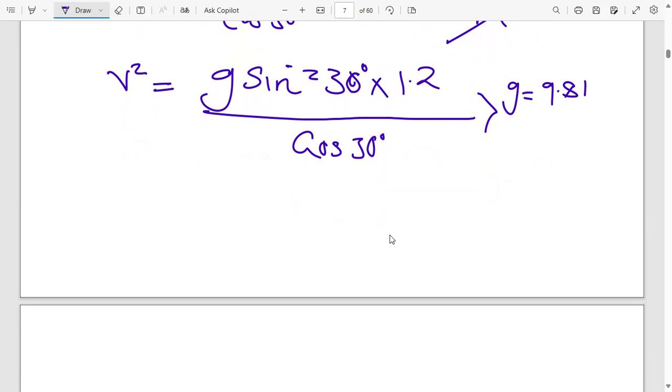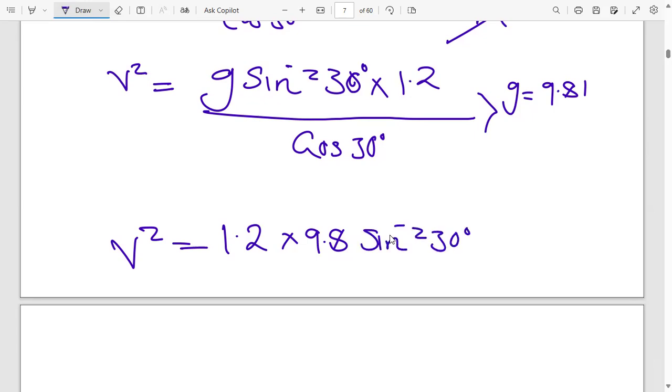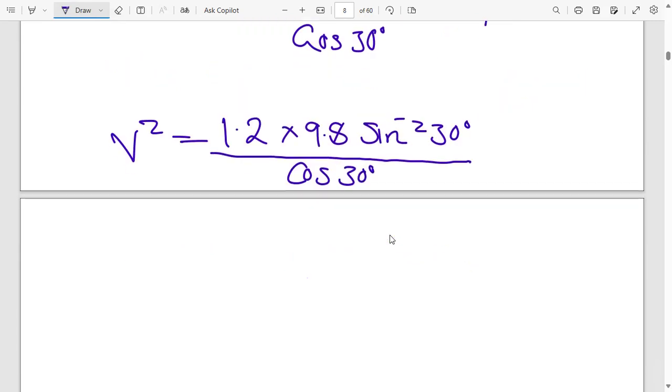Which means V squared is equal to 1.2 multiplied by 9.8 sine squared 30 degrees over cos 30 degrees, like that.